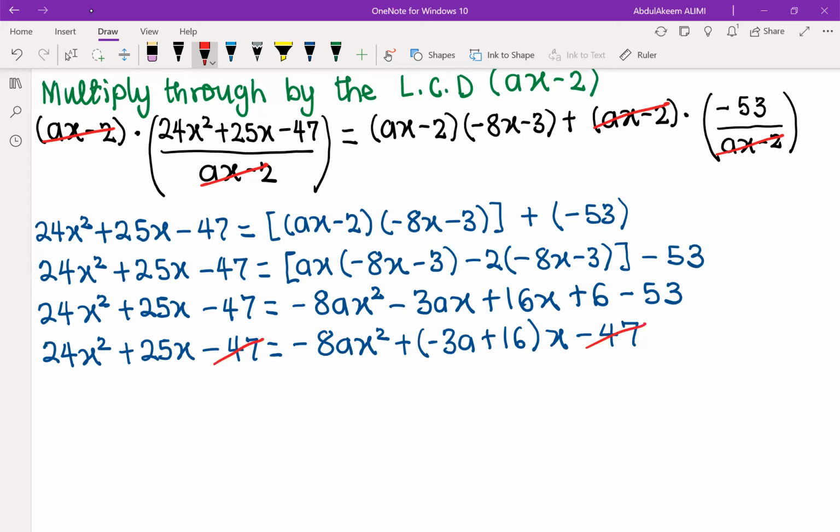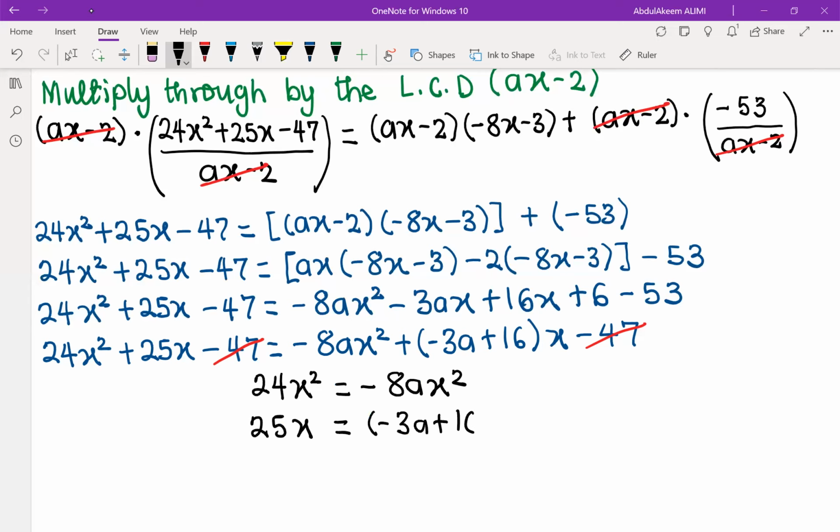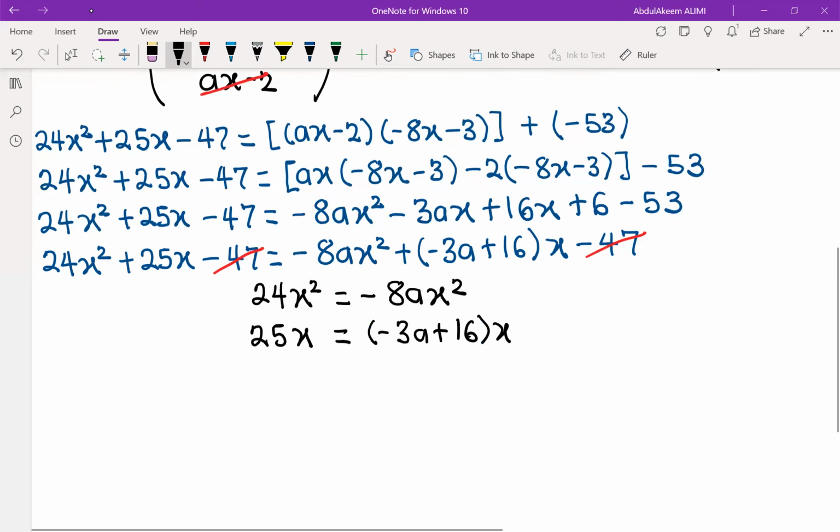So let's equate them according to the power of their variable. When I do that, I'll have 24x squared equals minus 8ax squared, and 25x equals minus 3a plus 16 times x.